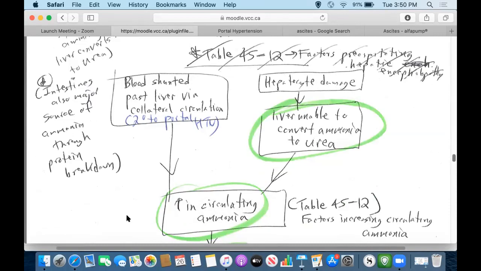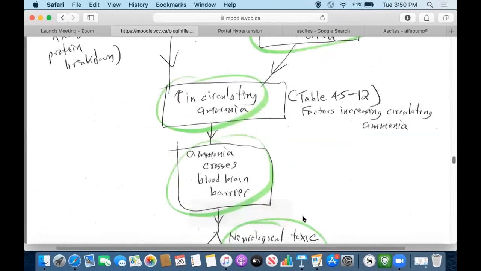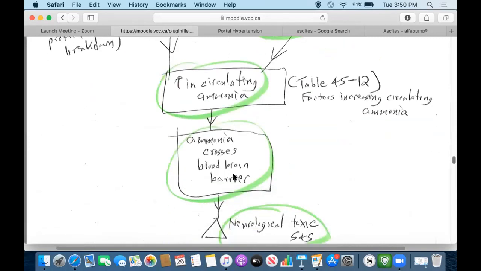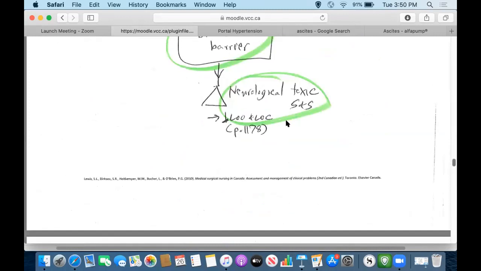It's kind of like a waste product in a sense, a byproduct of protein metabolism. When that crosses the blood-brain barrier, you end up getting neurological symptoms such as changes in level of consciousness, changes in level of orientation. We can make a list as long as my arm in terms of agitation, restlessness, the confusion, the delirium.